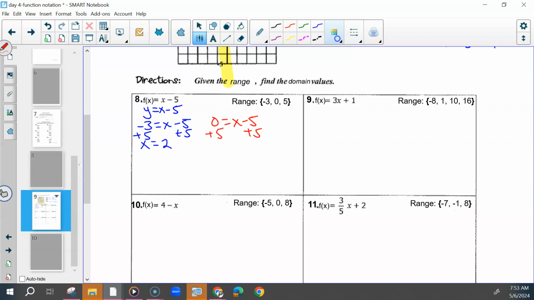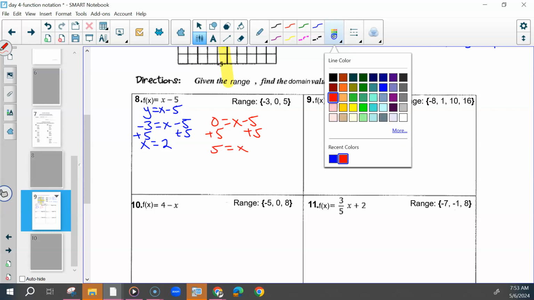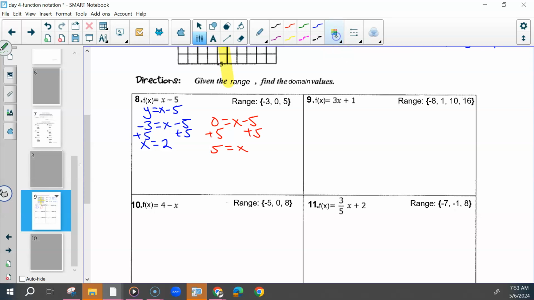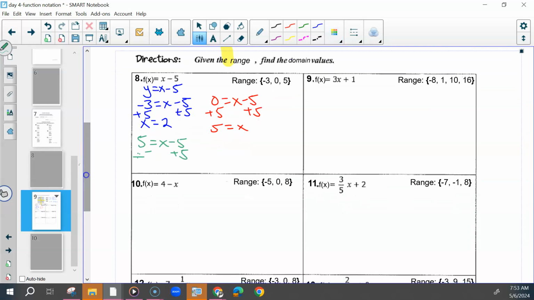In each of the problems, we're doing the same thing, adding 5 to whatever the range value is. But then you would list those in the same way that we wrote the range.